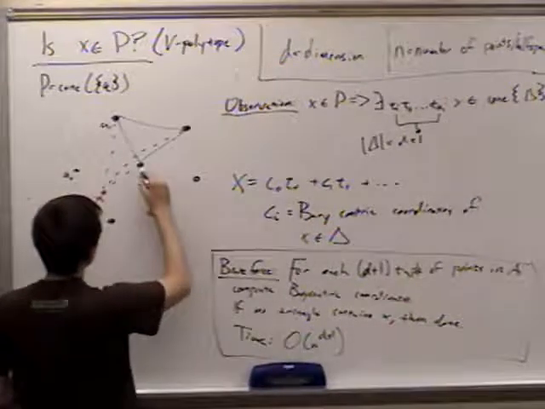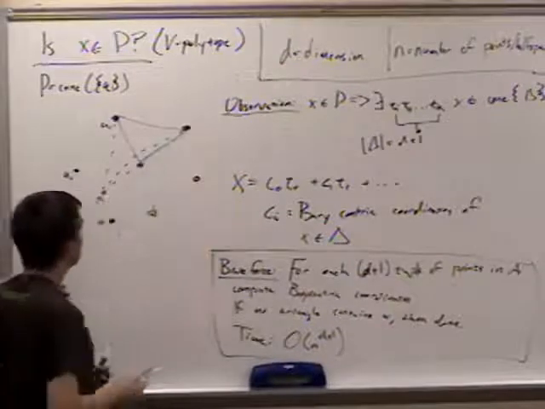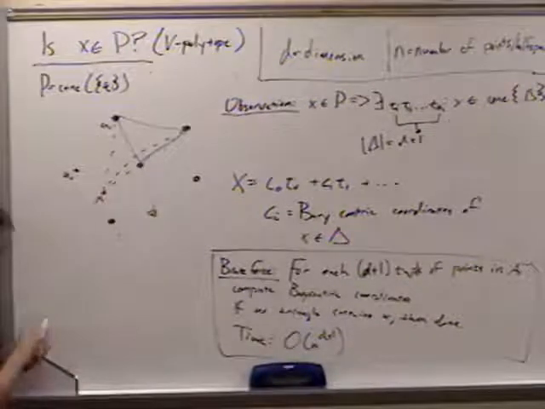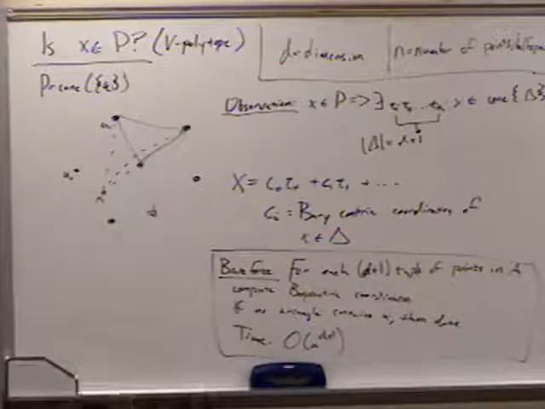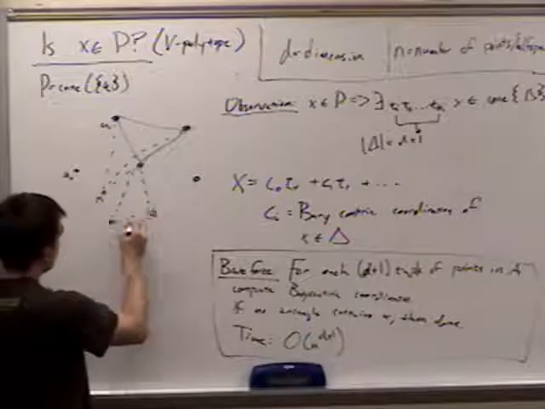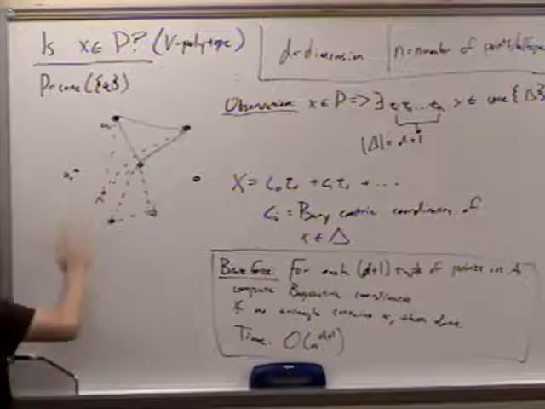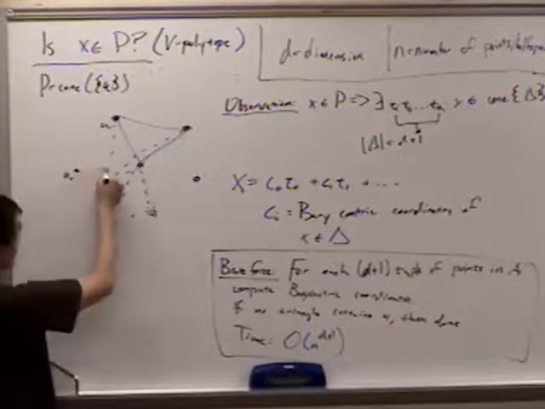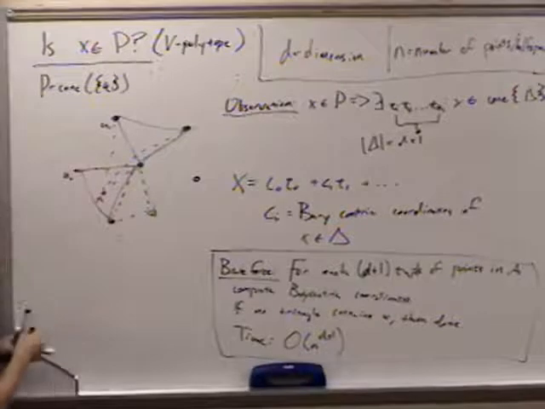I'll use another color. And we'll form a second simplex right here. Then we repeat again. And then maybe we end up with a third simplex like this. Then we repeat again, loop over all the vertices, and we finally end up with this simplex here that contains x, and then we'd be done.